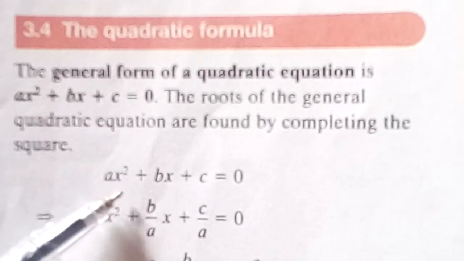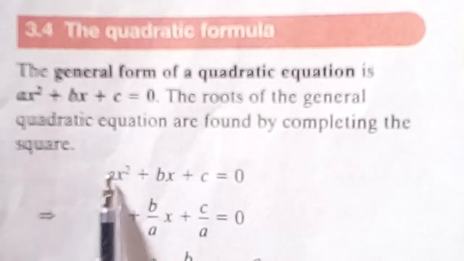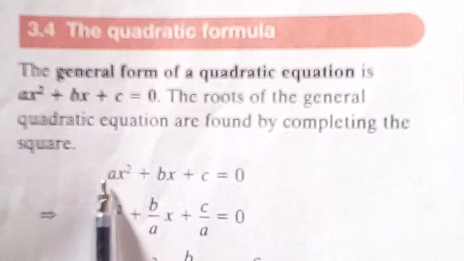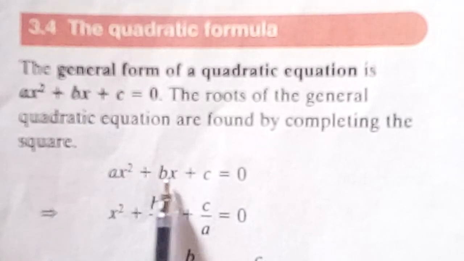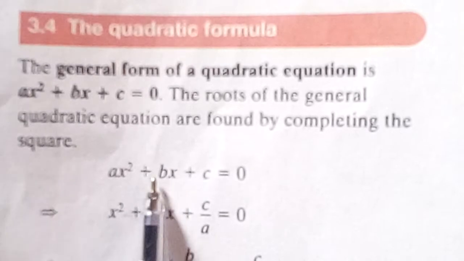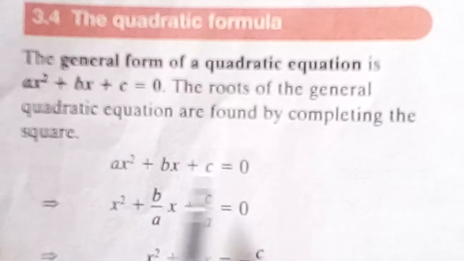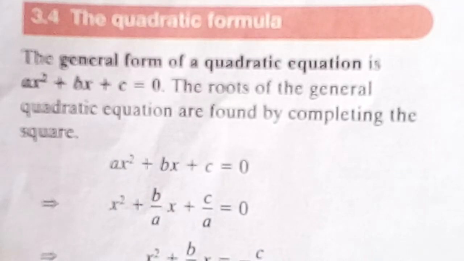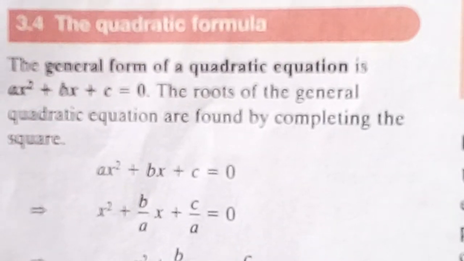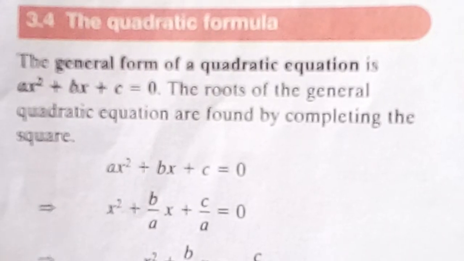So the quadratic equation comes in this form. As I told you earlier, the coefficient of x squared is a, the coefficient of x is b, while c is the third number, all equals 0 in this form. Now, using the completing the square method, you have to make sure that the coefficient of x squared is 1.